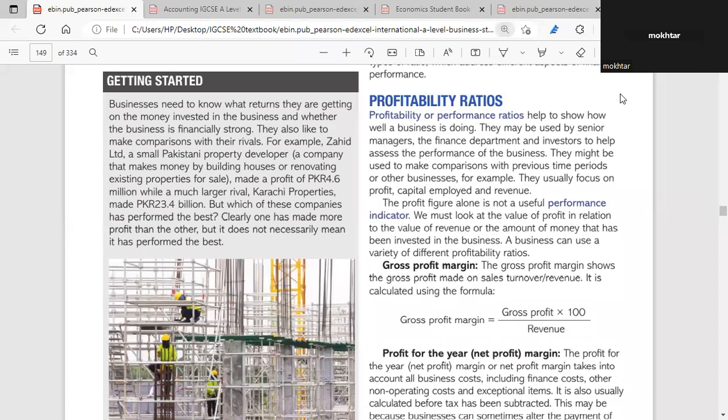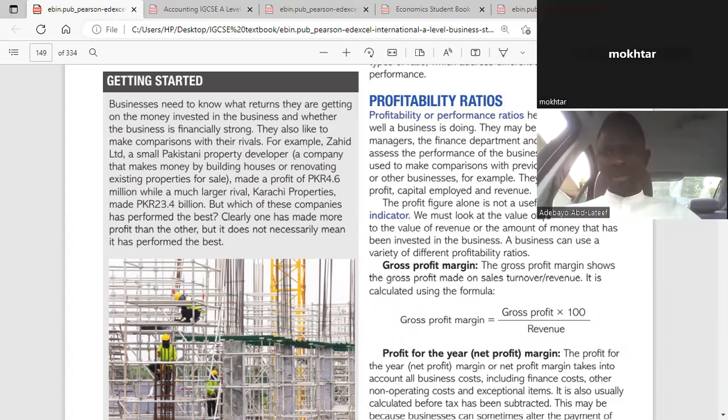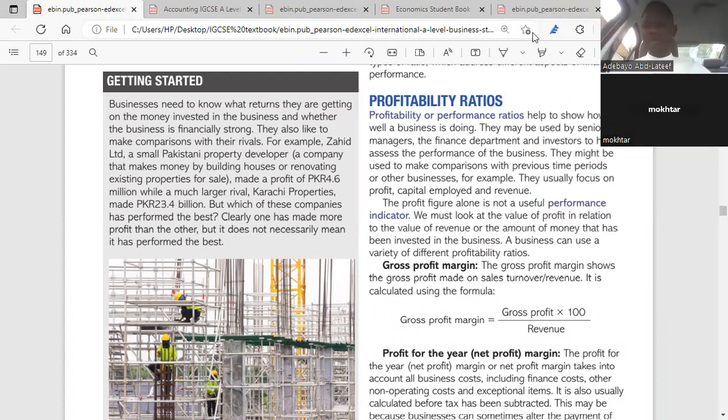That is what profitability ratios are about. The firm generates revenue, and in the course of generating revenue, we want to know how good the firm is in terms of its profit margin.